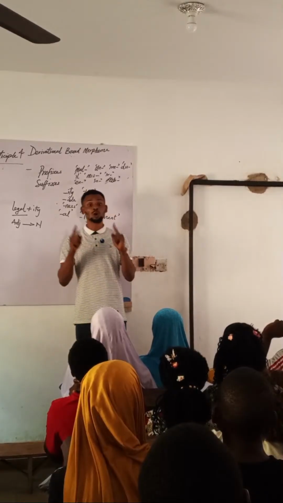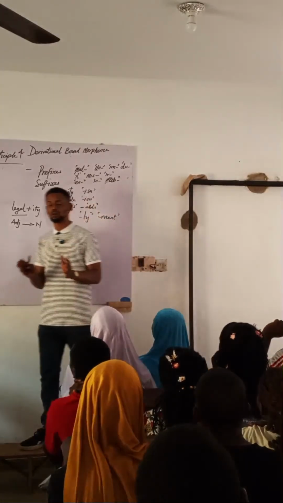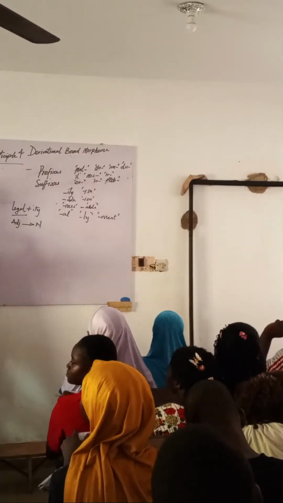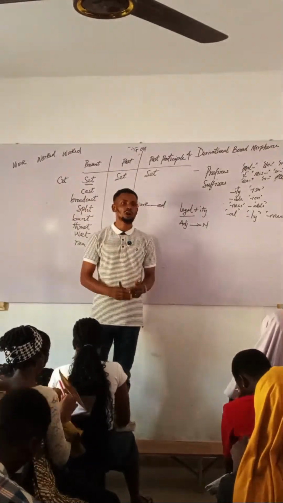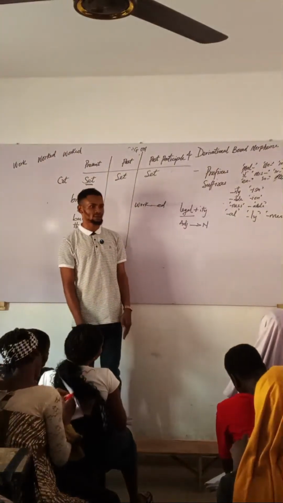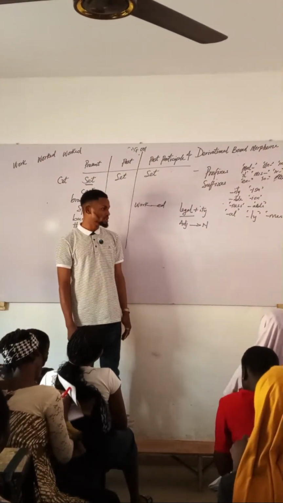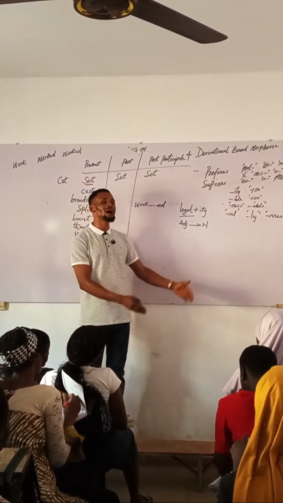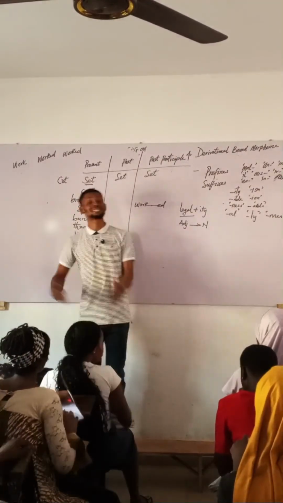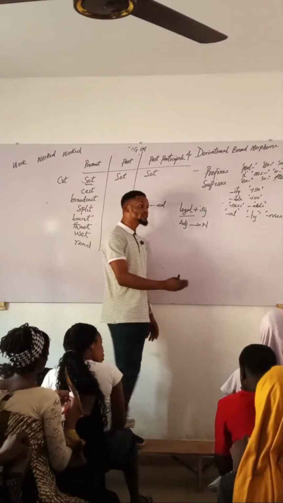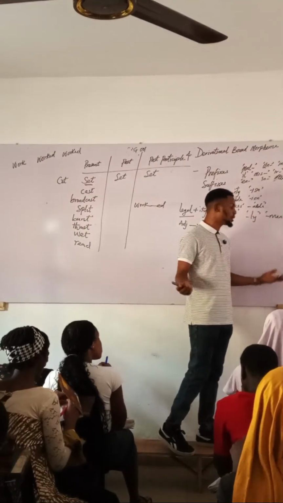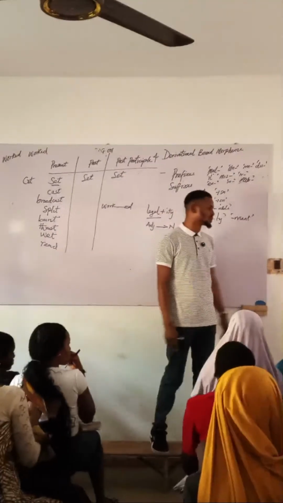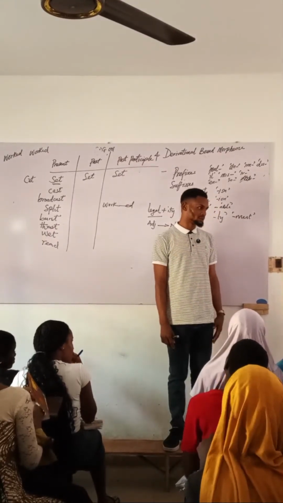I'm saying one basic function of derivational bound morpheme is that it helps you form the antonyms of certain words. Are you with me? Like what? Proper, improper. Advantage, disadvantage. When you put certain derivational bound morphemes, it forms directly the opposite of the words. That is what we are looking at.